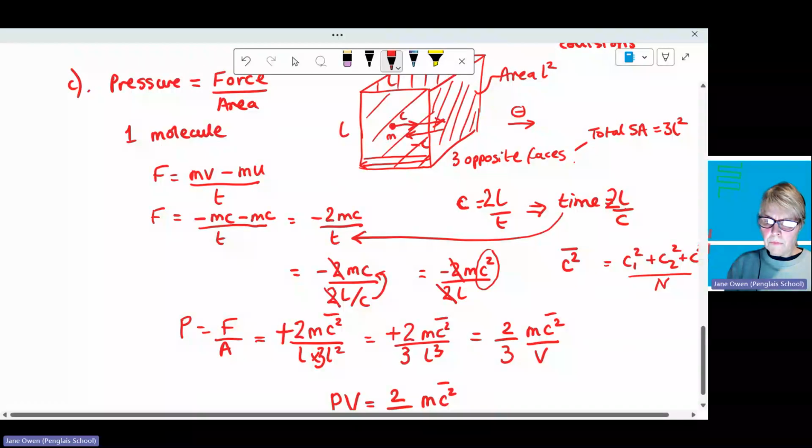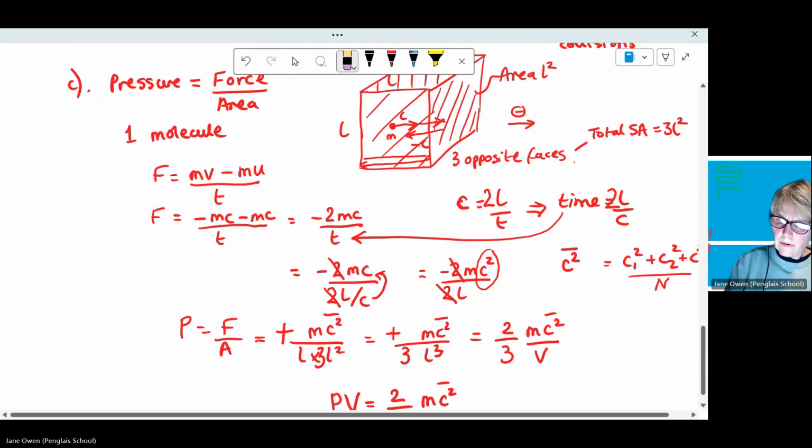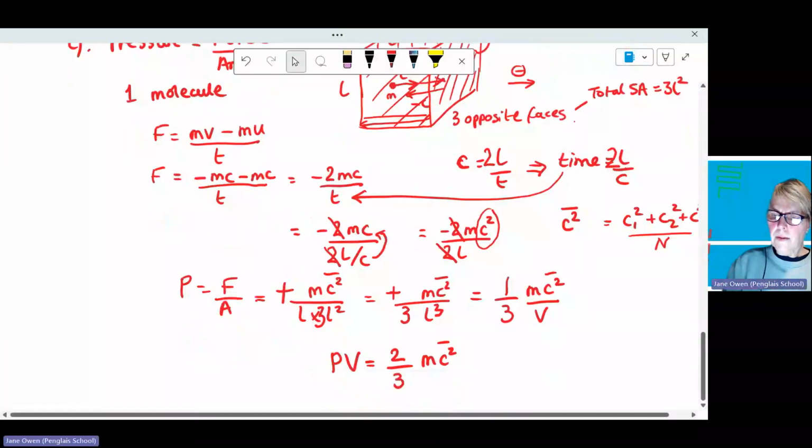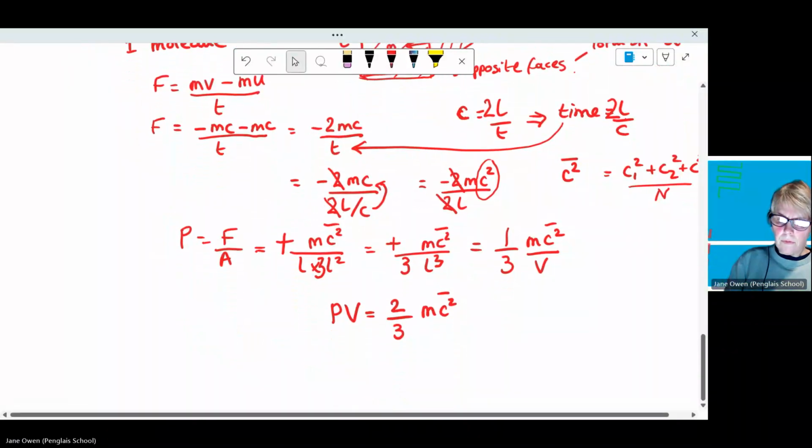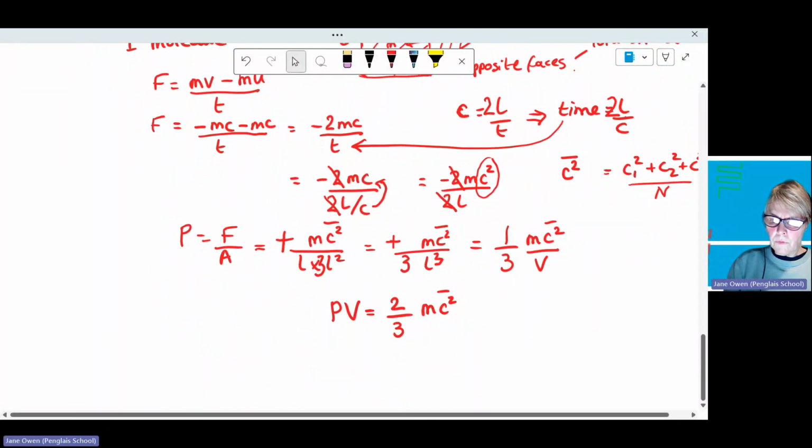So in fact, what we've got ourselves is 1/3. Okay, so PV equals 1/3 m mean square speed.